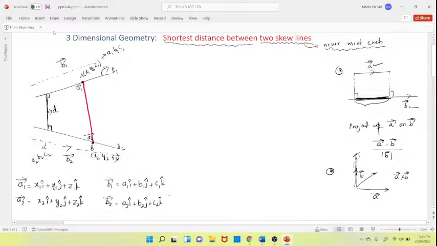Here, if we extend this vector like this, it is perpendicular to both b1 and b2 also. This vector is simply represented by the cross product of b1 and b2, nothing but the perpendicular vector. The perpendicular vector is the result of the cross product of the two vectors.